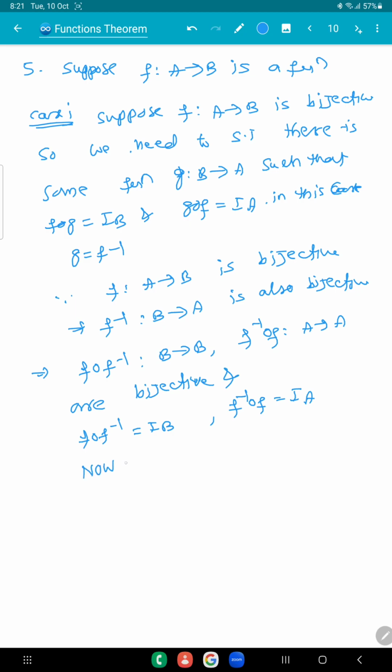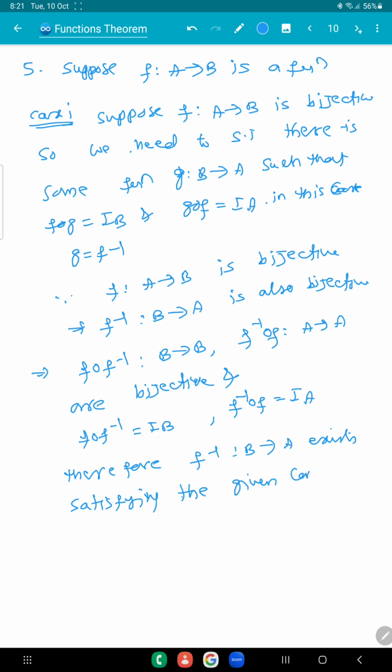Therefore F inverse from B to A exists satisfying the given conditions. So in this part g is nothing but F inverse. Therefore, in this case g is equal to F inverse. This is a simple thing only.